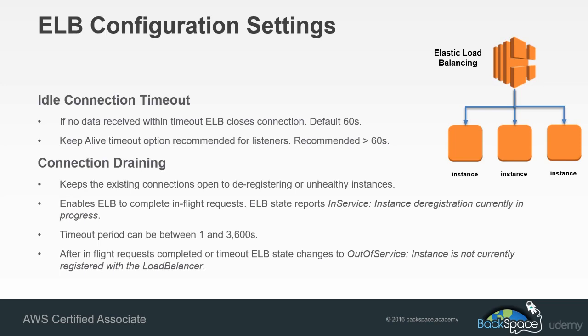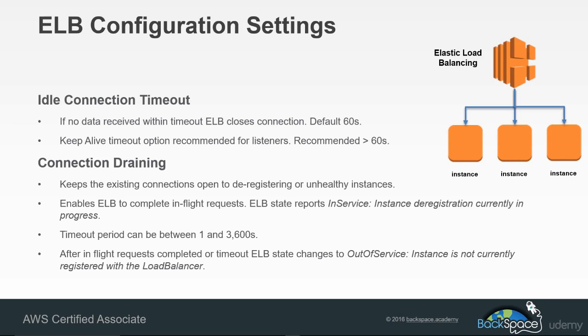The default is 60 seconds. There is also a keep alive timeout option, and that is recommended for listeners, and it is recommended to be greater than 60 seconds. So you have your idle connection timeout, and you also have your keep alive timeout option for your listeners.